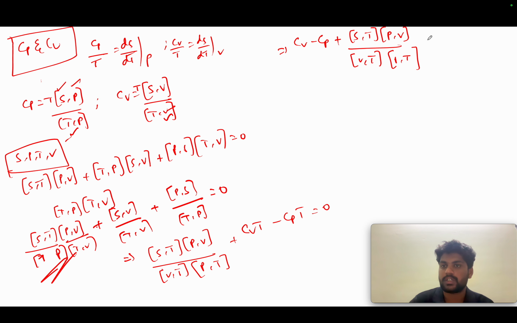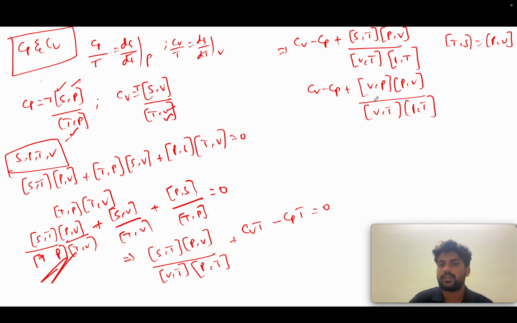So now we know from (T, S) equal to (P, V), we can write CV is minus CP plus (V, P) divided by (P, V) times (V, T), (P, T), equal to 0.